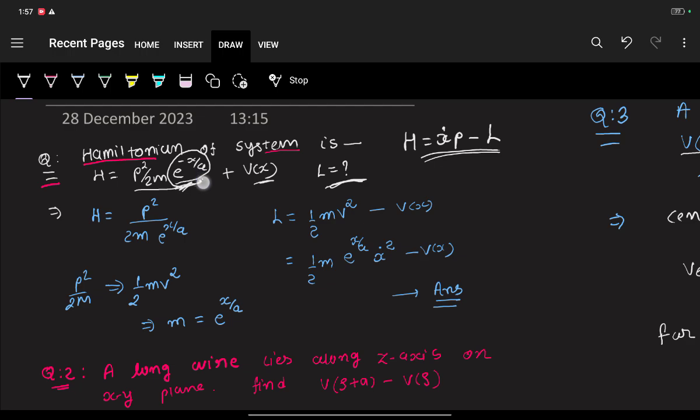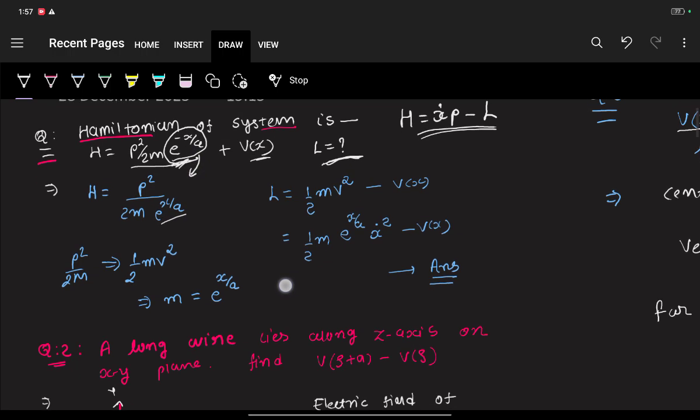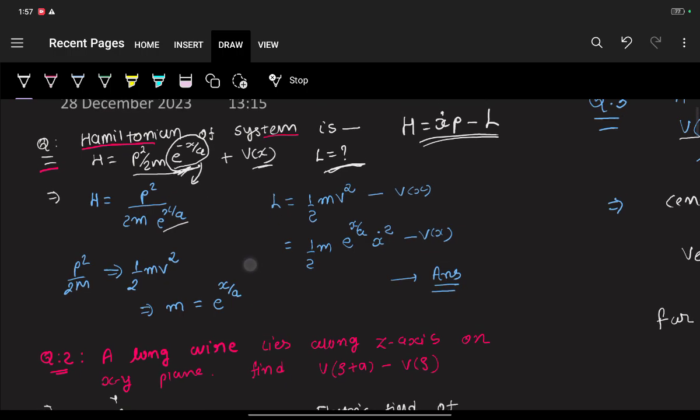So if it comes to the denominator, it will become positive, okay. So from here we can analyze that this is nothing but mass, okay. m e^(x/a) is the mass. So we can write the Lagrangian as half mv^2 minus V(x). So here the mass we can write from here, which is m e^(x/a), times x-dot squared, minus V(x). So that was the answer, okay.